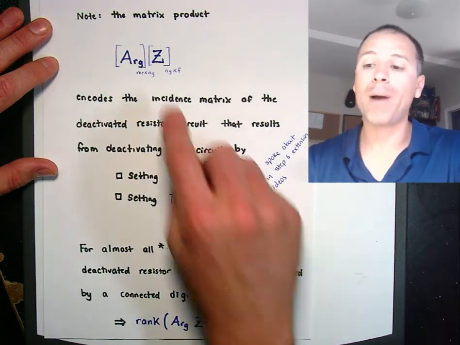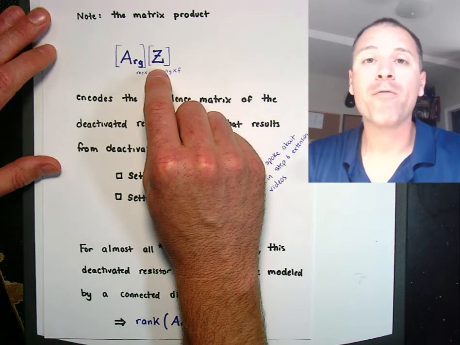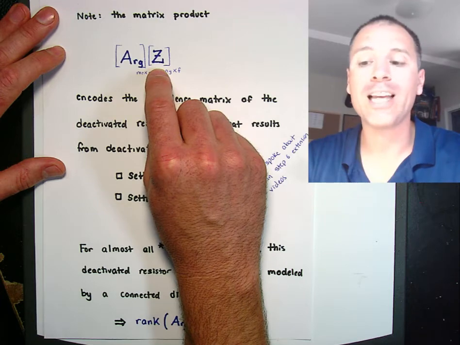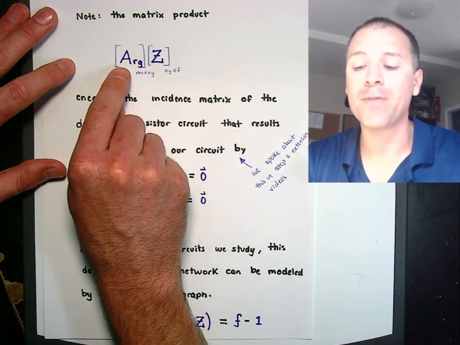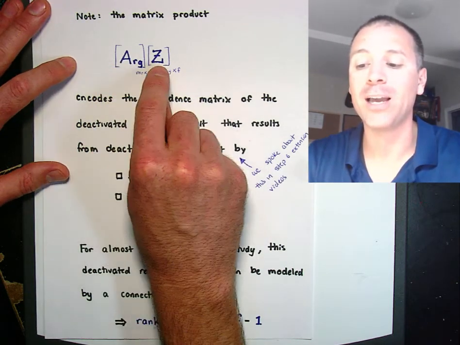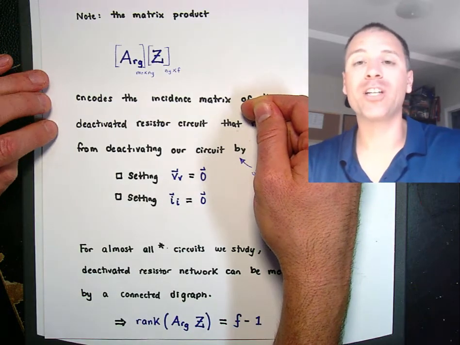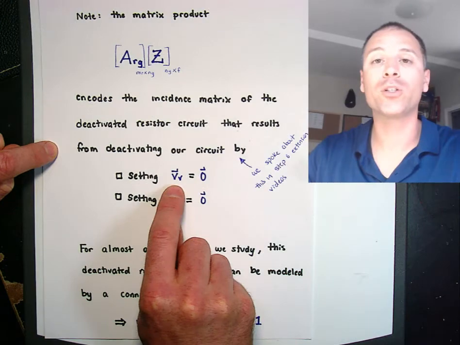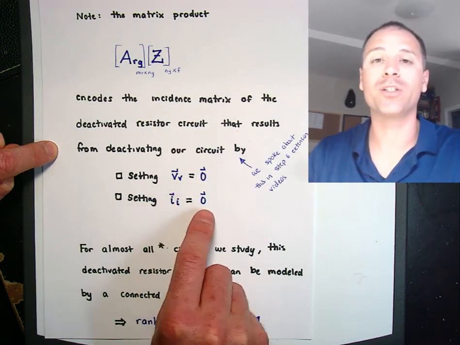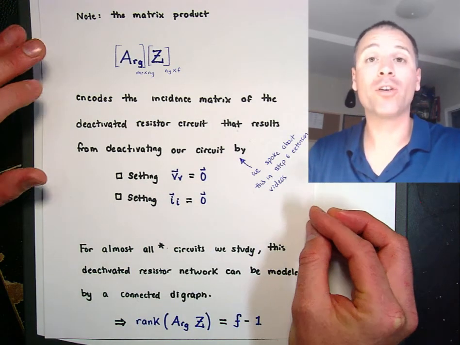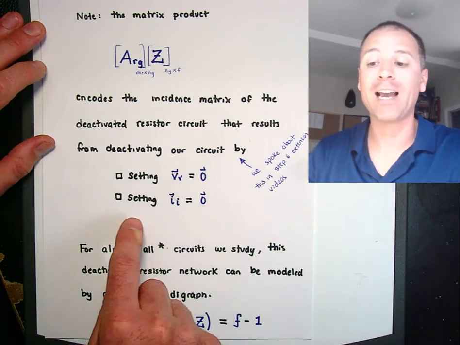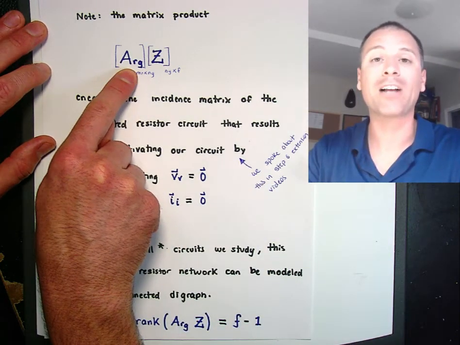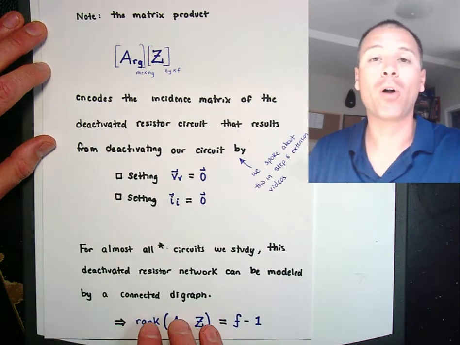We saw a lot more about that structure in the extension videos for step 6, but what I will say is that the matrix A sub RG times Z is going to encode the incidence matrix of the deactivated resistor circuit that results from setting the voltage sources to 0 and the current sources to 0, taking that resistor network and then modeling it by a digraph. That matrix will actually capture the digraph topology exactly.